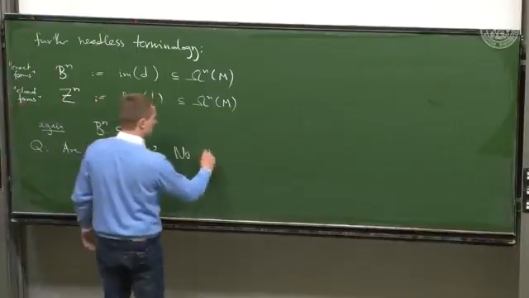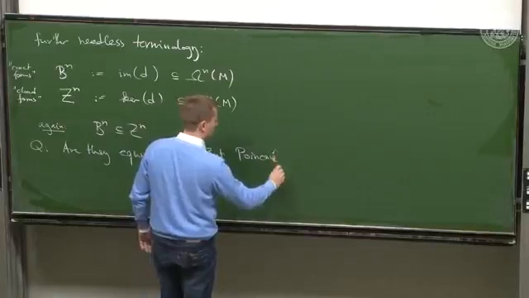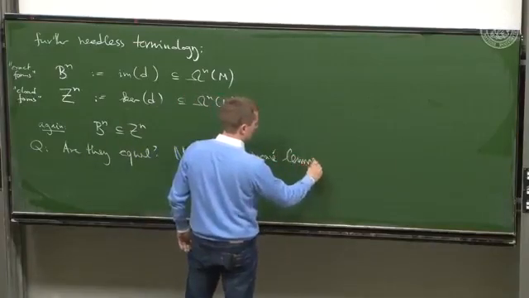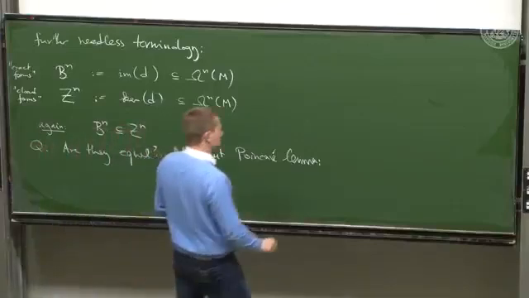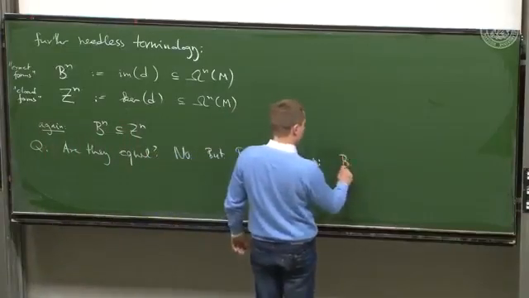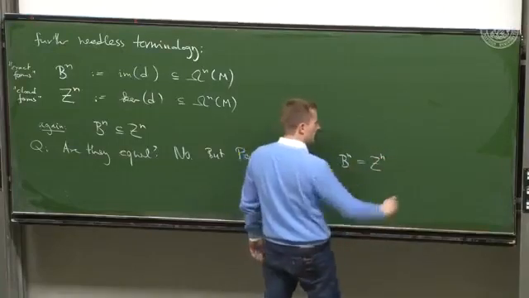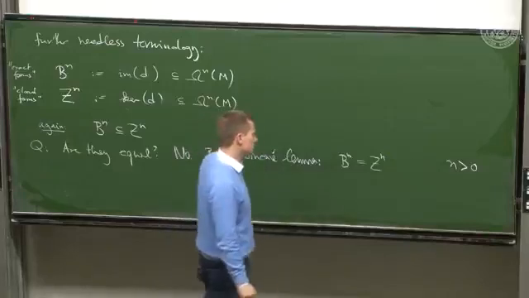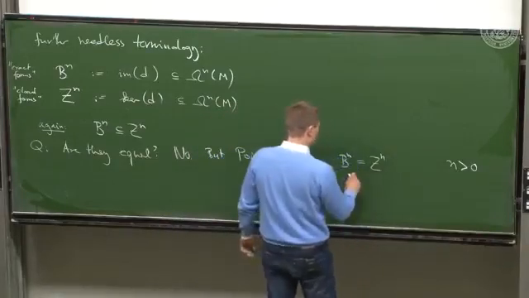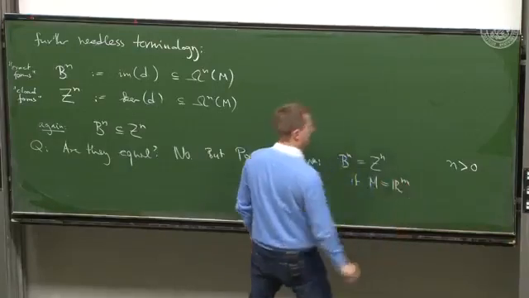But there is the Poincaré lemma, and the Poincaré lemma says that Bn is actually Zn for all n greater than 0, and n equals 0 we look at in a second, if m is some Rm.